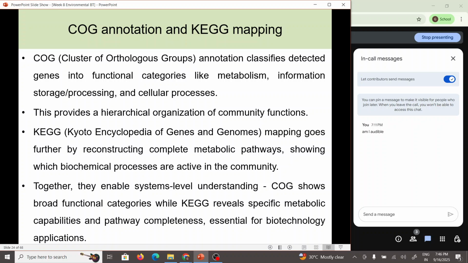After COG annotation, we go for KEGG mapping by reconstructing the metabolic pathways, showing which biochemical processes are active in the community. Together, COG annotation and KEGG mapping enable systems-level understanding. In COG, we get an idea about what functional categories are present, but that is like a workflow map without any arrow marks.